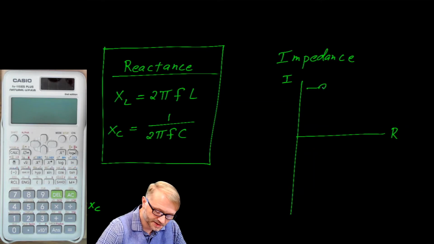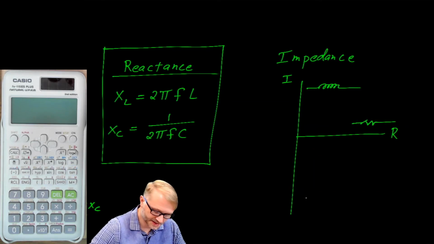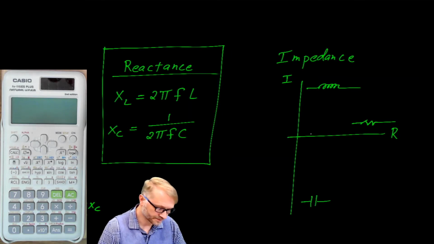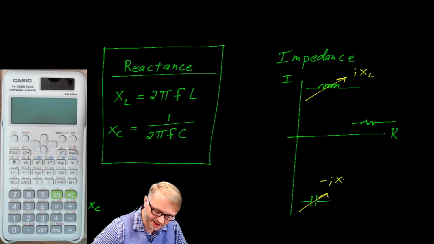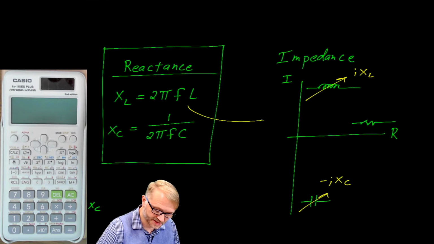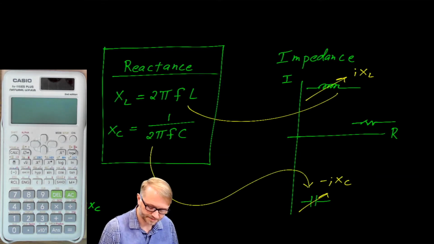Our inductors are here, our resistors are on the real axis, and our capacitors are negative creatures. We would describe an inductor as JXL, and we would describe a capacitor as negative JXC, where this is the inductive reactance and this is the capacitive reactance.